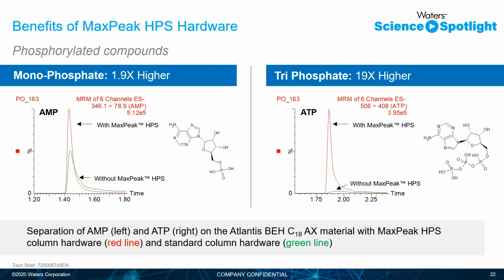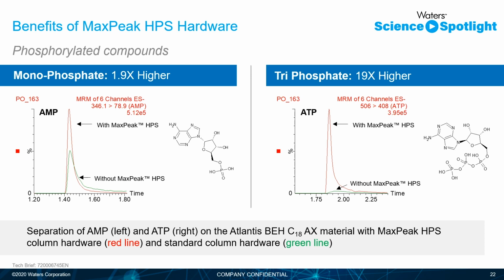And this benefit is commonly found with these types of analytes that are phosphorylated. If we look at the monophosphate, or adenosine monophosphate shown here, you can see that with MaxPeak, we get roughly about 2 times higher intensity and less tailing.